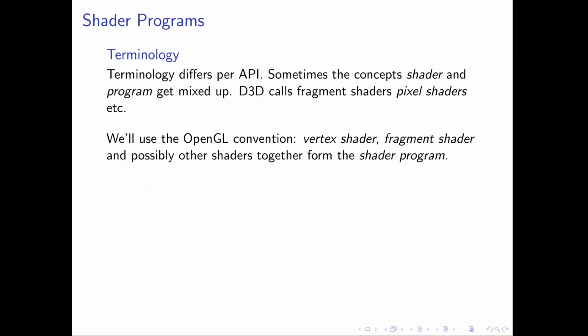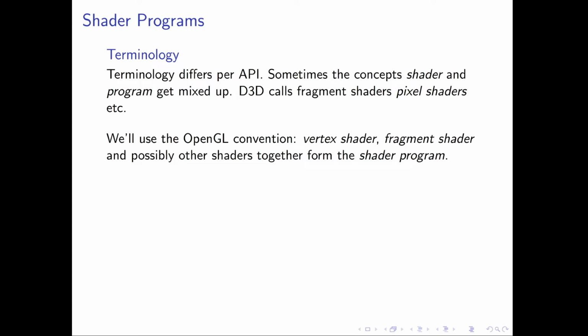In regards to terminology, that actually differs a bit across APIs. You will already have noticed that I was referring to so-called shader programs, and that I was also referring to so-called shaders. The terminology I'm adopting here is one where the whole collection of shaders is a shader program. So the Vertex and the Fragment Shader and potential other shaders together form the shader program.